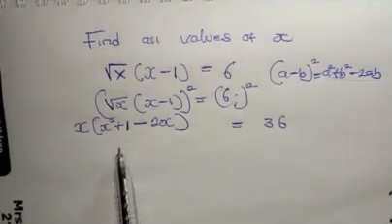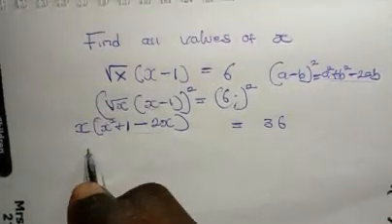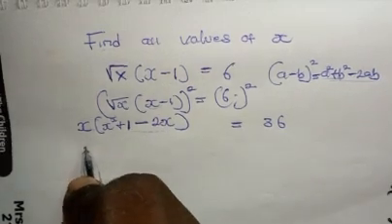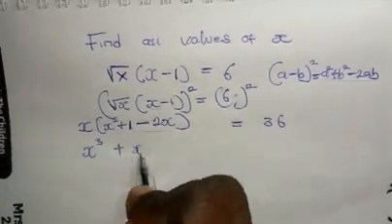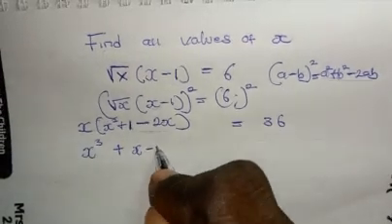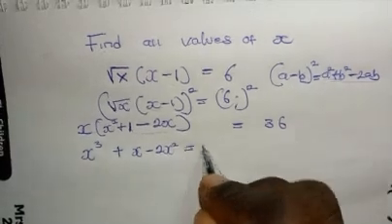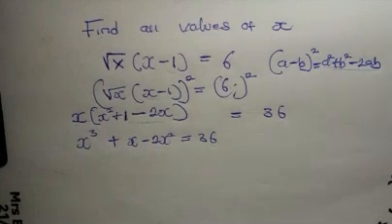So now let's open this bracket. By multiplying all through by s, we have s times s squared, which is s to the power of 3, s times 1, which is s, and s times minus 2s, which is minus 2s squared, is equal to 36. This has changed to a cubic equation.